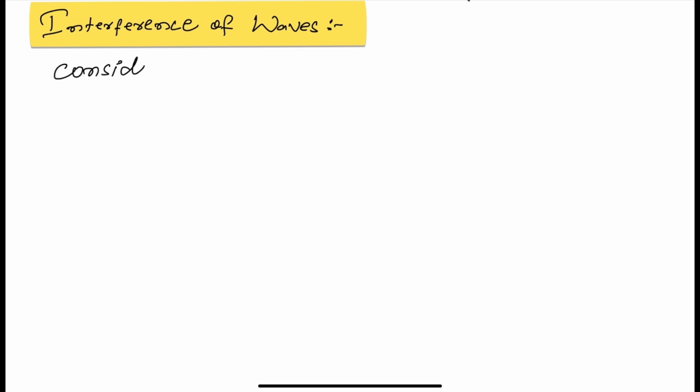Consider two waves, that is, two sinusoidal waves.